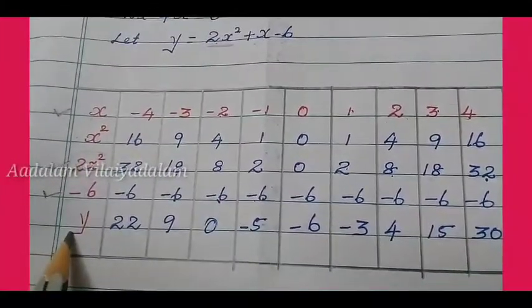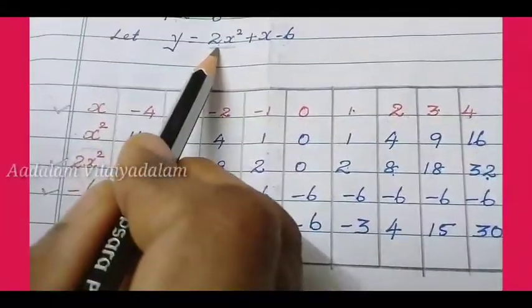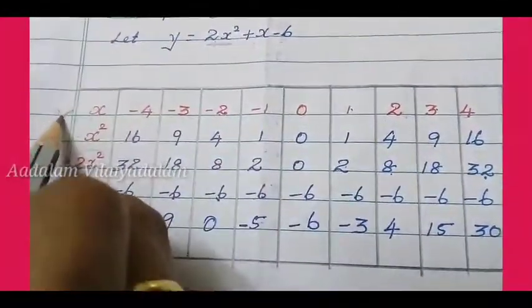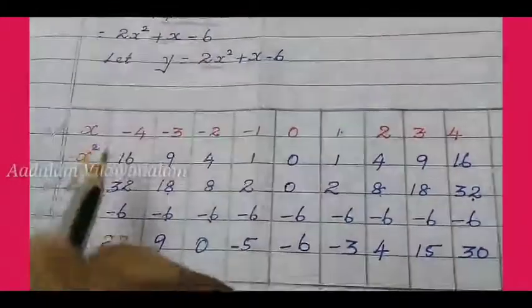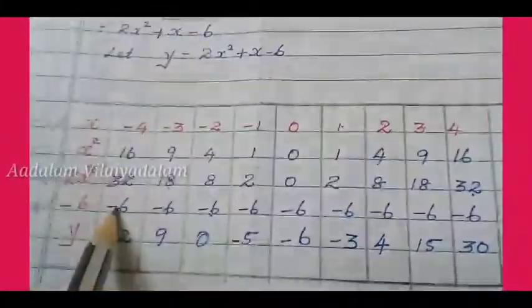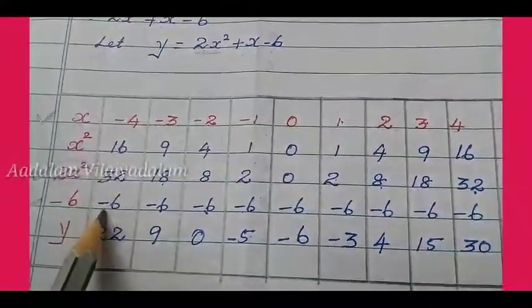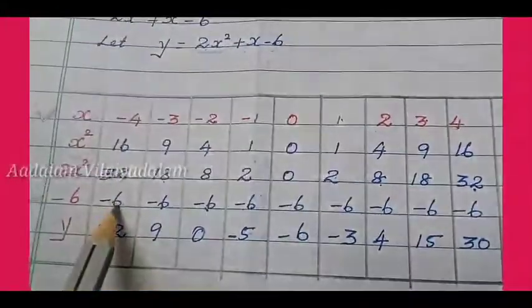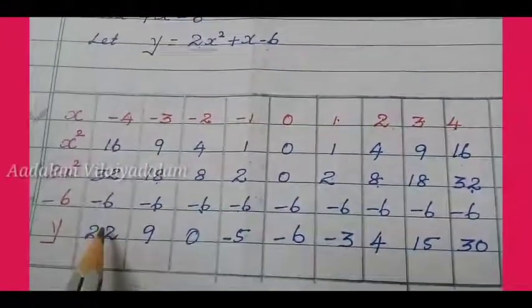Now we have to find the y value. So y equals the sum of 2x square, plus x, this x column, minus 6, which is the constant value. So we have to add these 3 columns. First one: 32 minus 6 minus 4. First we add the negative values, minus 6 minus 4, the answer is minus 10.